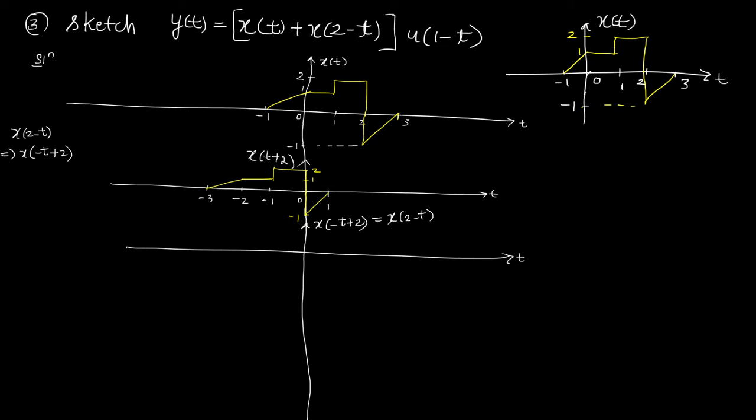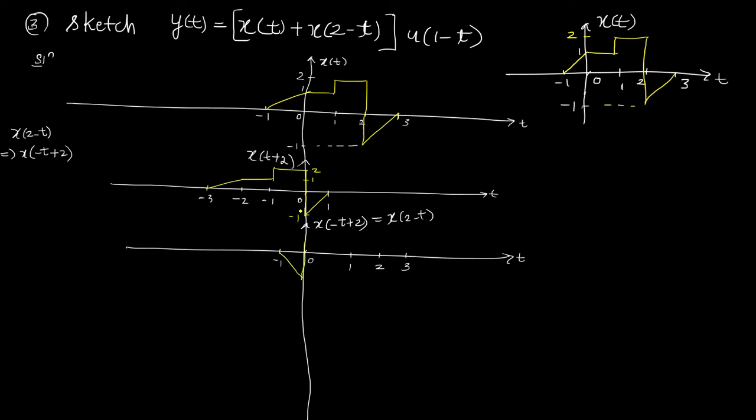Now, minus 3 will become plus 3. Minus 2 will become plus 2. Minus 1 will become plus 1. 0 will be in the same place. And 1 plus 1 will become minus 1. Now rewrite the same signal in the mirror image form. It should be exactly like a mirror image.